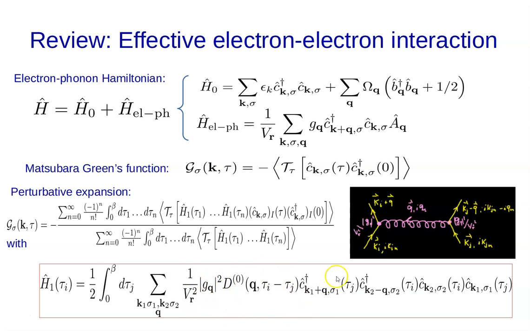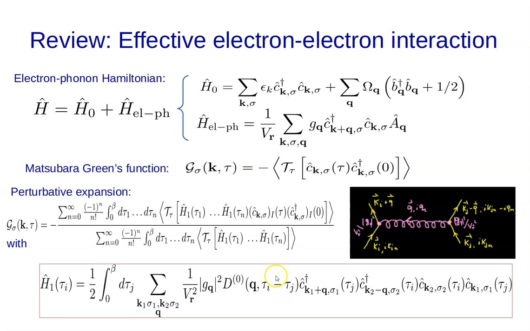So we derived this last class, and this interaction essentially resembles a diagram like this, where the interacting line, so to speak, is a phonon propagation mode. And as I mentioned, this has a finite propagation time.